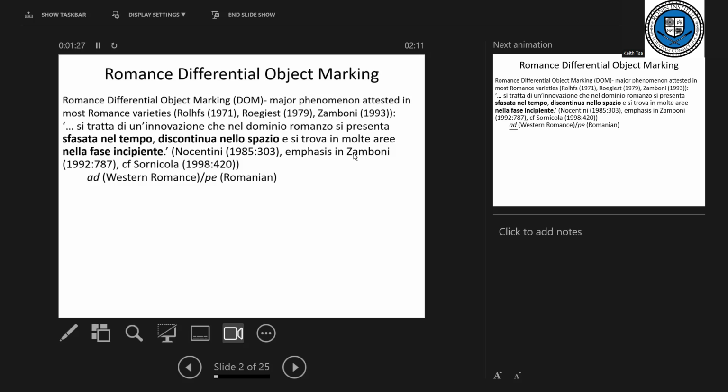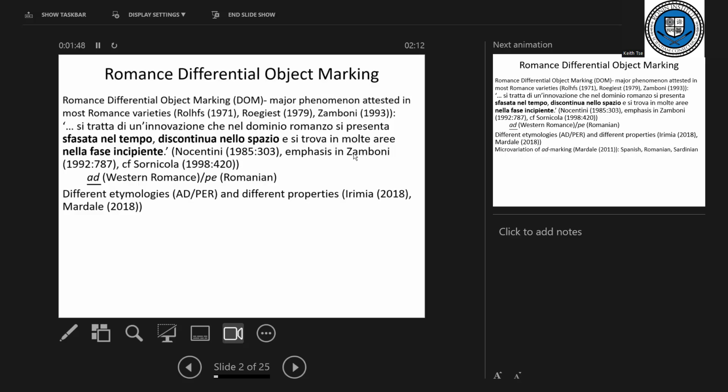The two markers here are a and pe. A exists in Western Romance, whereas pe is a Romanian morpheme. I'm going to focus on a here, partly because I don't speak Romanian, so I can't really do any analysis on pe.